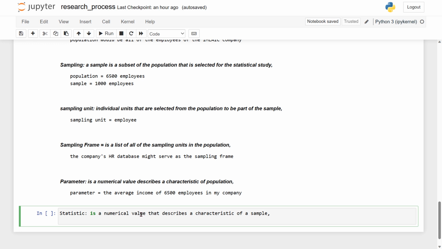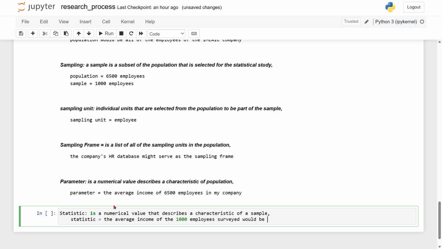Let's take one example. In this example, what's my sample size? Sample size is 1000 employees. Population size is 6500 employees. Now, for me, one statistic is the average income of the 1000 employees surveyed.